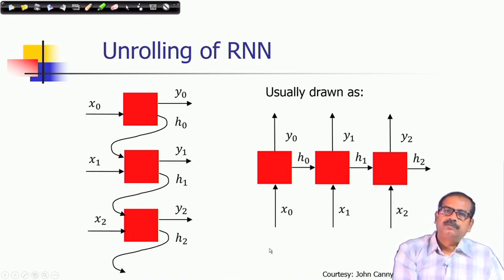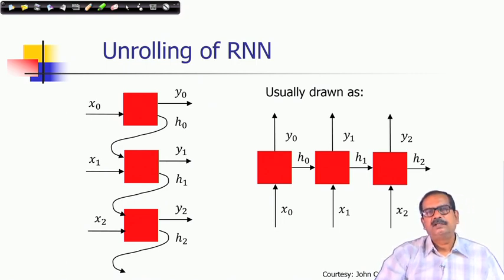You provide input x naught in the first stage and get output y naught. It also generates an intermediate output h naught, which could be equal to y naught or some function of y naught, and that becomes the input to the next block. It is the same RNN, but at that time instant it operates with input x 1 and the intermediate input h naught, and generates y 1.